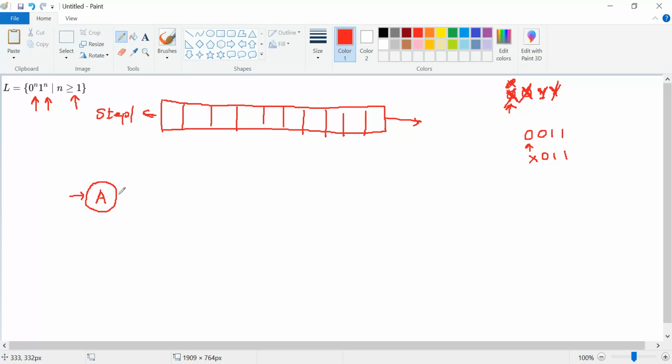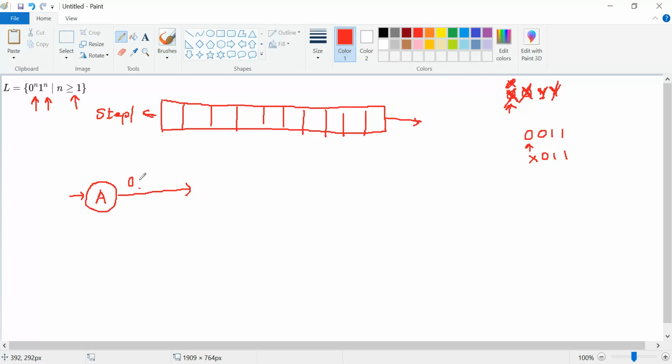Here we are encountering a 0, and then we are replacing that 0 with x. Sometimes different textbooks use different notations, so you have to be careful. You can use any notation, but you should stick to one notation. I'm following the notation that I have here.